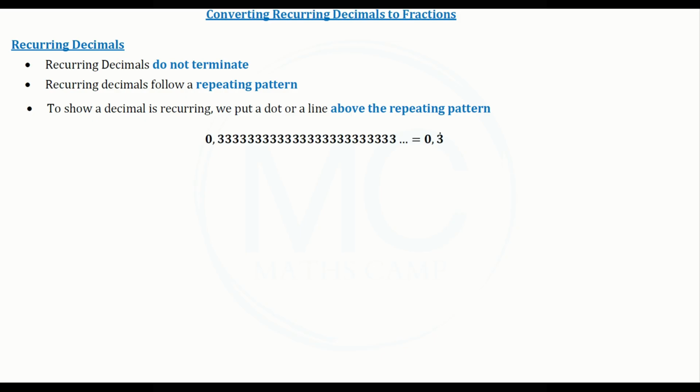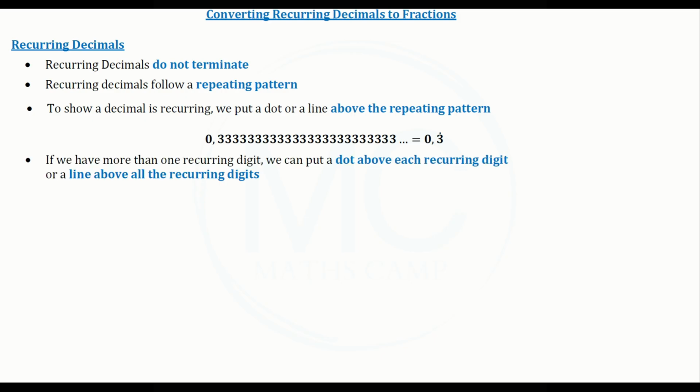Let's make some space. To show that a decimal is recurring, we place a dot or line above the repeating pattern. So with 0,333 and so on, we can say 0,3 with a dot above the 3. If we have more than one recurring digit, we can put a dot above each recurring digit or a line above all of the recurring digits.